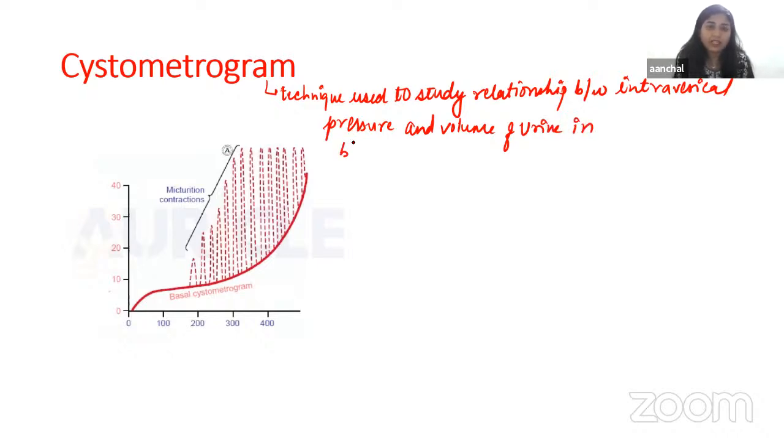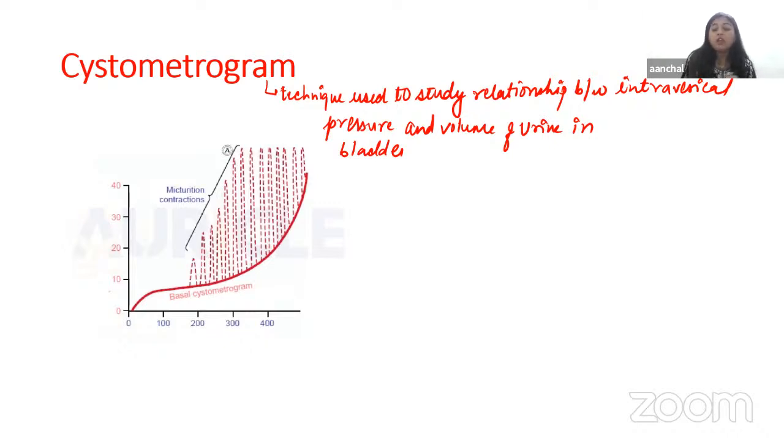Okay, so basically this technique can be understood by the graphical presentation, as we can see in the diagram also. So there is a method of recording this cystometrogram. A double lumen catheter is introduced into the urinary tract of the patient.